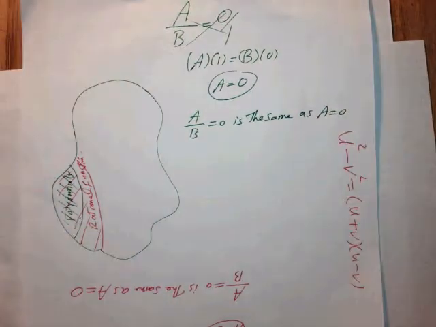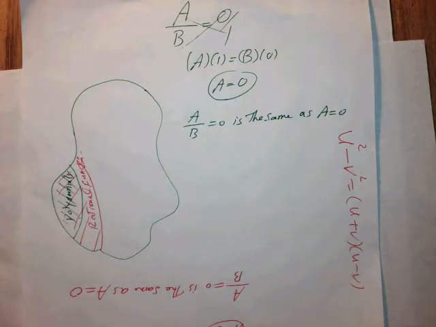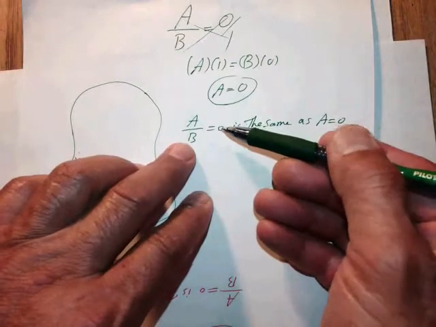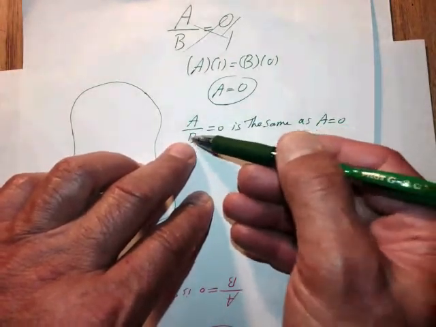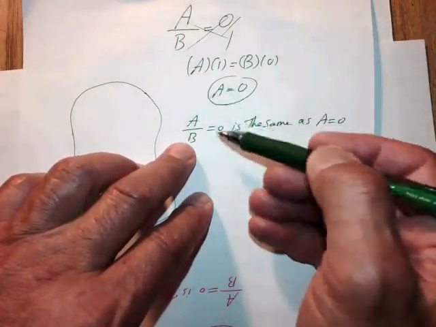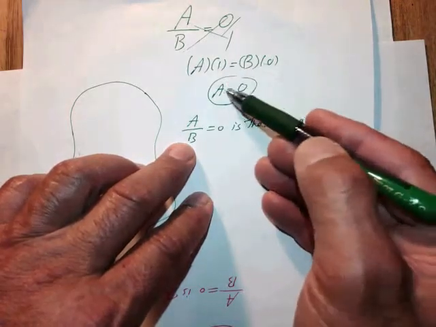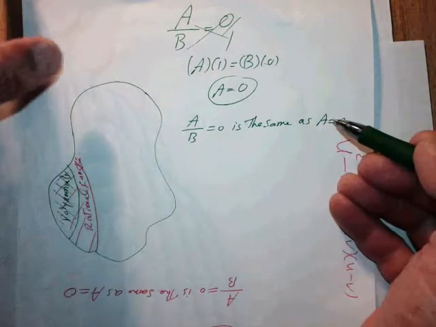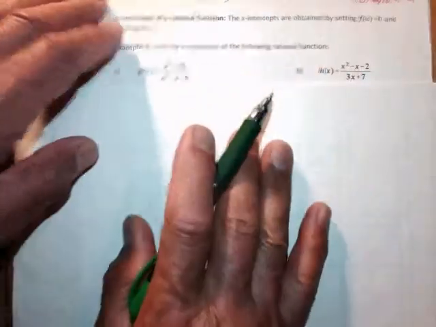That reduces the amount of work you do. You can put A over B equal to 0 and then multiply both sides by B to get A equal to 0. But at the beginning, you just put A equal to 0. That reduces the amount of work. So in other words, put the numerator equal to 0.